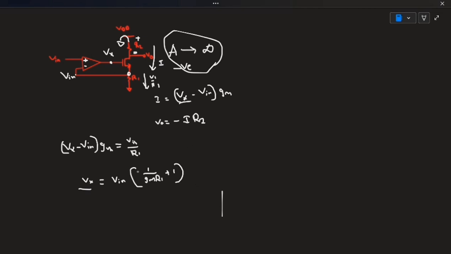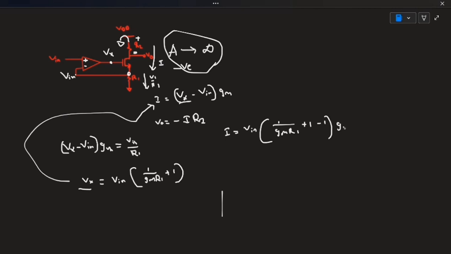Now if we put this Vx in that I term, we will get the current I. I will be equal to, again here also if we take Vn as common, I am doing it directly, you can work it out. Taking Vn common, we get 1 divided by (Gm R1 plus 1) minus 1, into Gm.